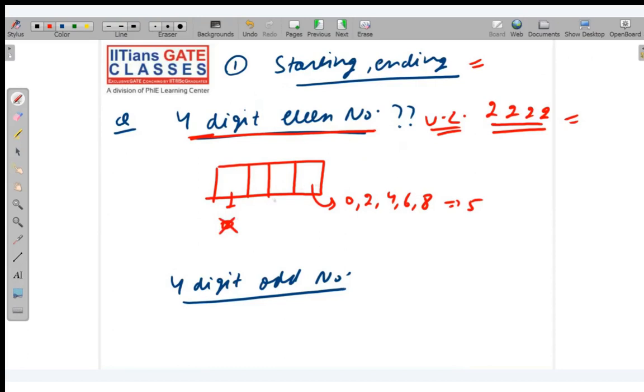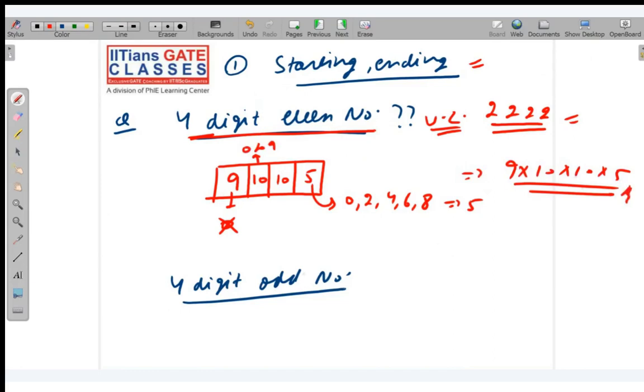So 9 possibilities here, because 0 is not allowed. Then here how many possibilities? 10 possibilities, 0 to 9, you can take any digit. Again 10 here, and 5 at the last place. So what is the answer? 9 into 10 into 10 into 5. Are you getting it now? Why are there 10 possibilities? 0 to 9, you can take any digit. So the final answer is 9 into 10 into 10 into 5.